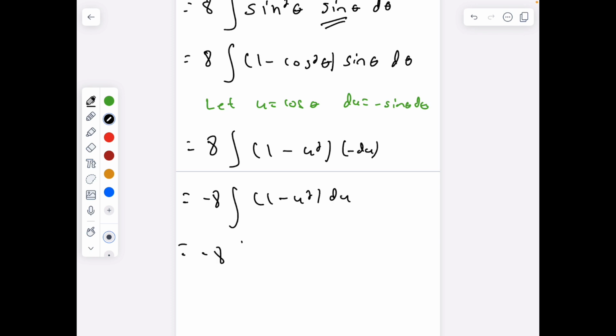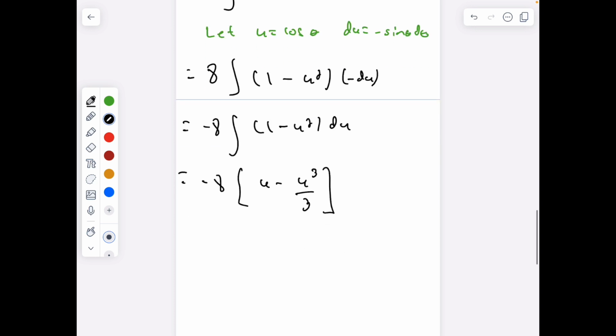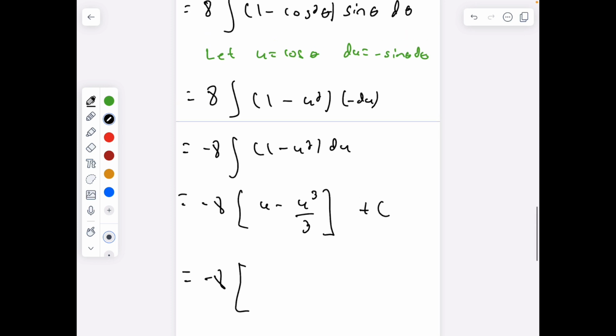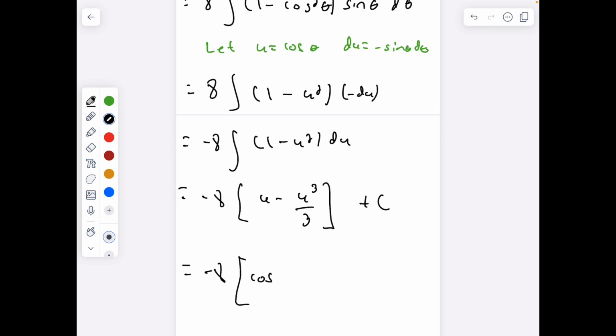That's negative 8 times (u minus u cubed over 3) plus a constant. And I'm going to replace my u here with cosine theta. So that'd be cosine theta minus cosine cubed theta over 3, plus c.